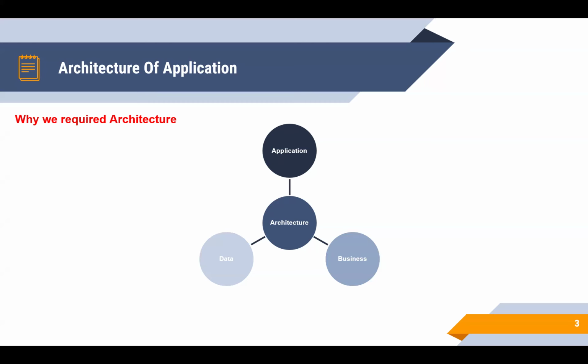Now the second thing is what data we are showing in the application. Sometimes this data we have in the database, and sometimes we don't have it in the database.